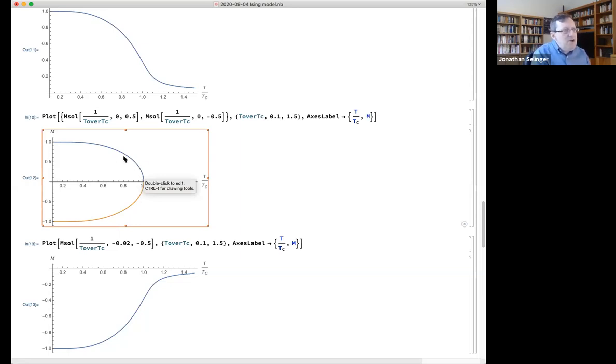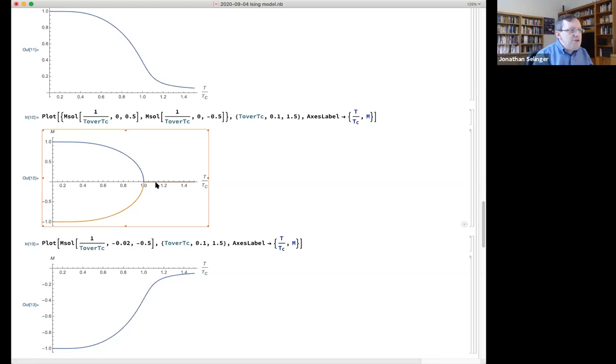Now, what if you keep reducing the temperature? Well, the positive solution goes around here and it saturates at m equals 1. M equals 1 is the biggest possible value of the magnetic order parameter. You can't have more than 100% order. Or the negative solution comes down around there and it saturates at -1. It can't be any lower than -1 because that's 100% order in the down direction.